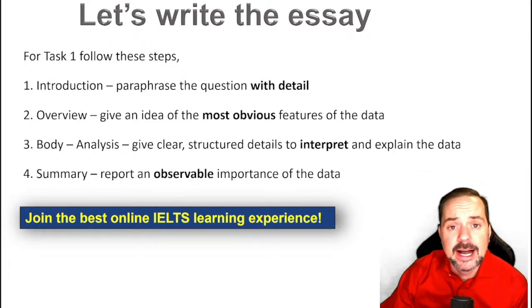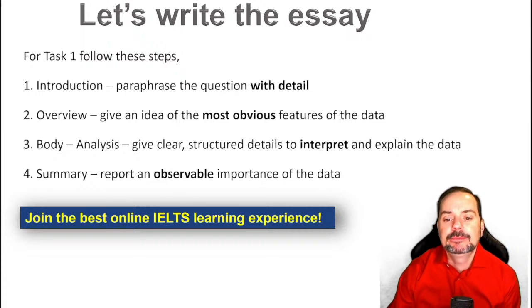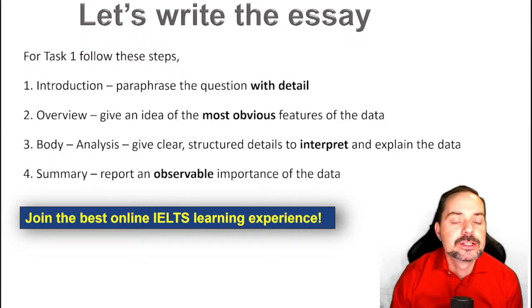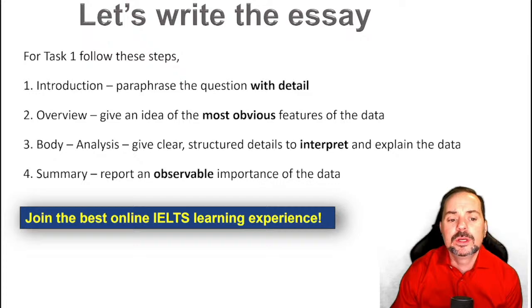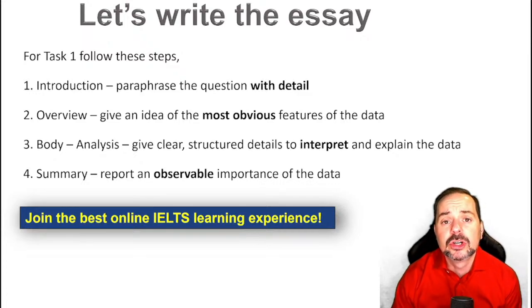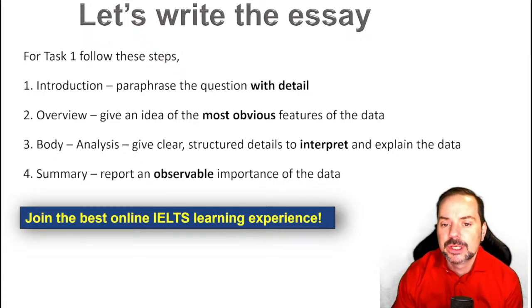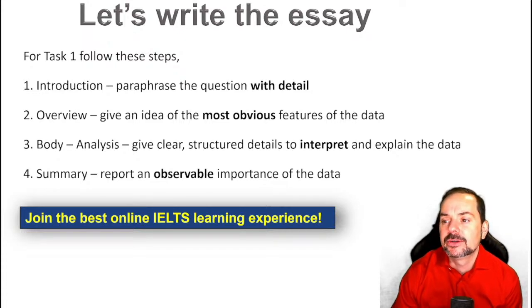So if you want to get a really high band, like a band 8, band 9, look for the most obvious data and then interpret the data. So in your analysis, interpret that data, translate it into human language, into logical information. And then in the summary, what can we observe? What do we clearly learn from this data that we can see? That's what you want to keep in mind, okay?